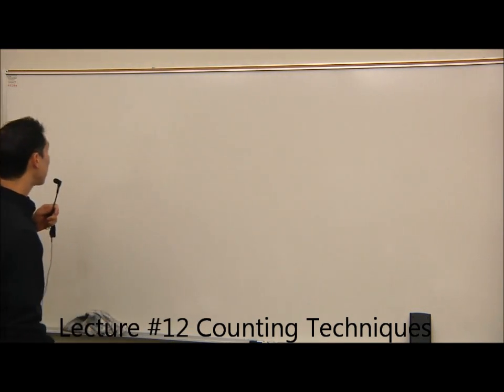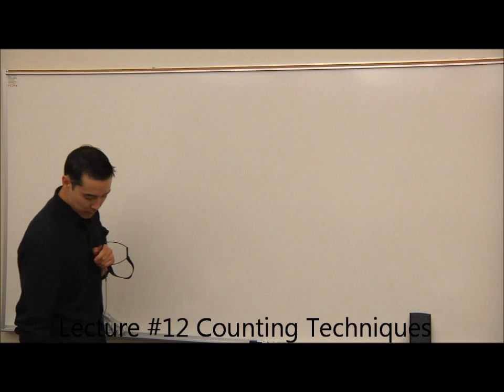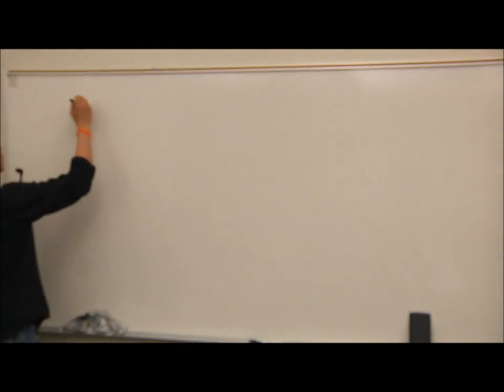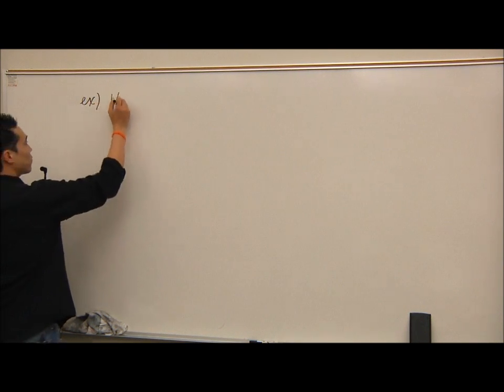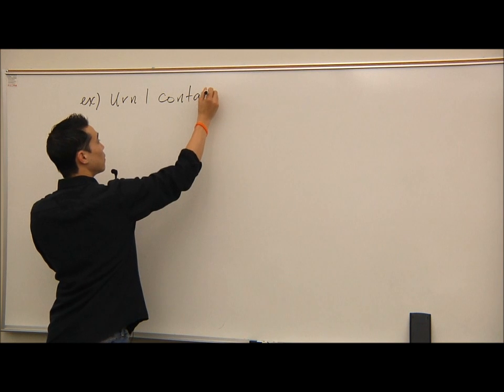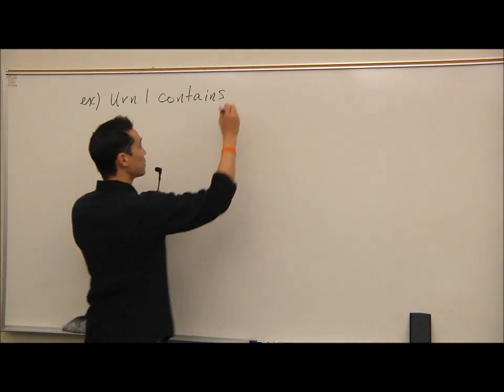Okay, one of the types of probability questions that comes up in your homework that I haven't gone over yet is something like this. So let's say we have 3 urns. Urn 1 contains 5 red balls and 3 black balls.